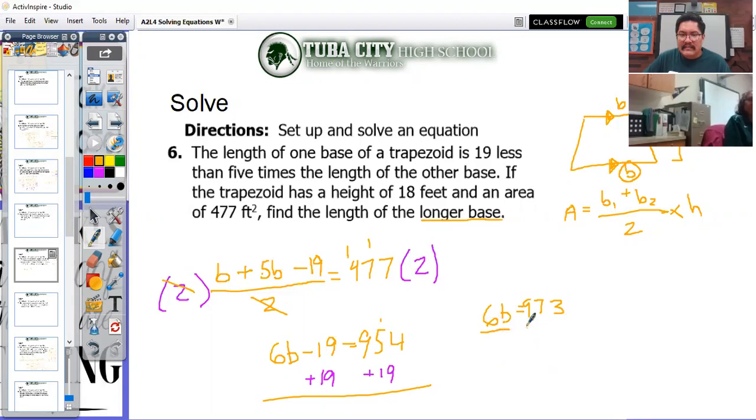Divide both sides by 6. Let me grab a calculator for this one here. Just use my pocket calculator.